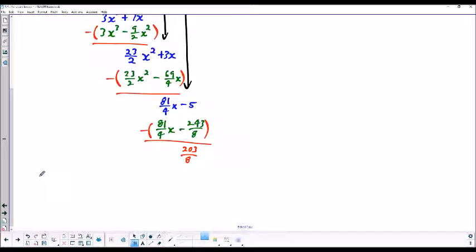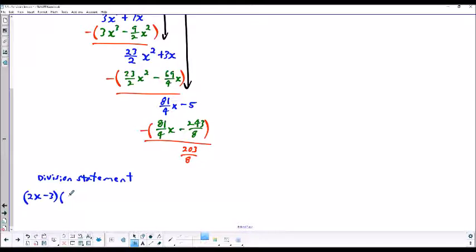Okay, so for our division statement, we've got 2x minus 3 as the divisor.